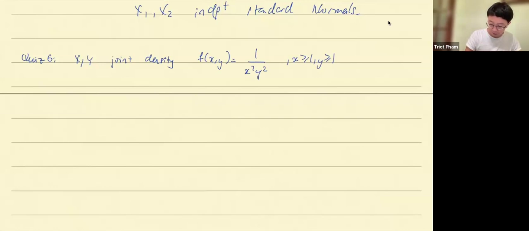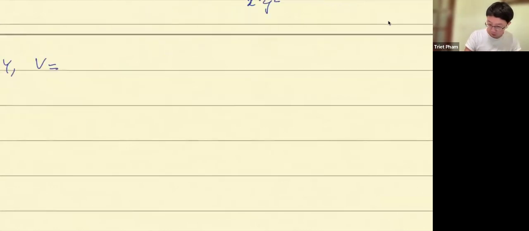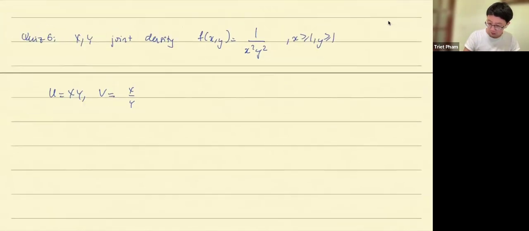Let u be x times y, v be x over y. Find the joint density of u and v.